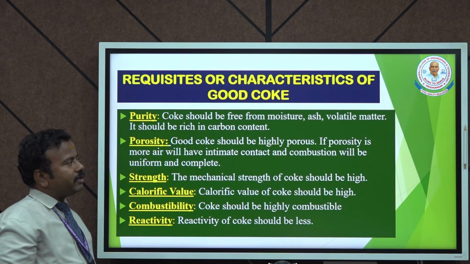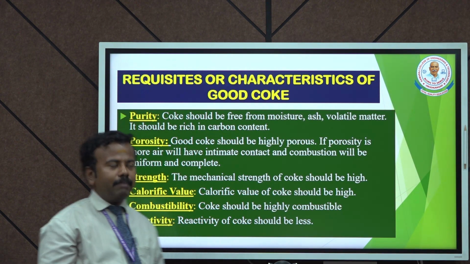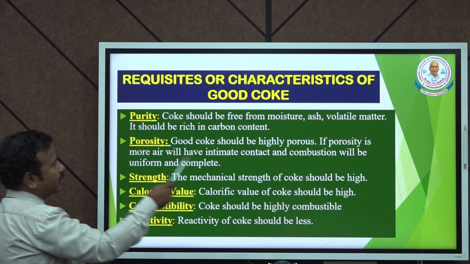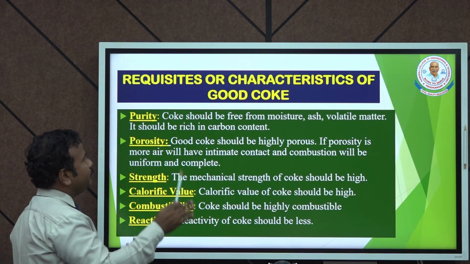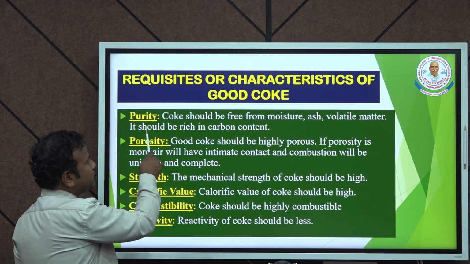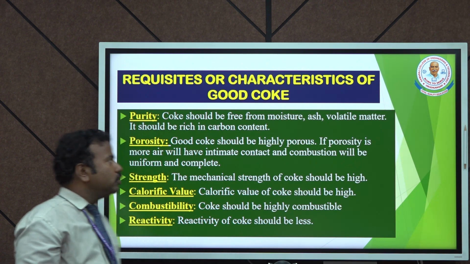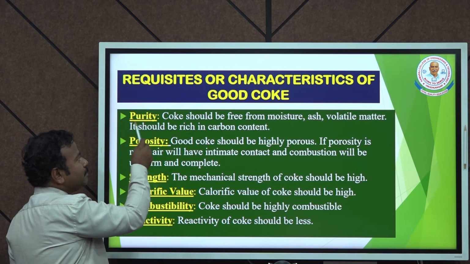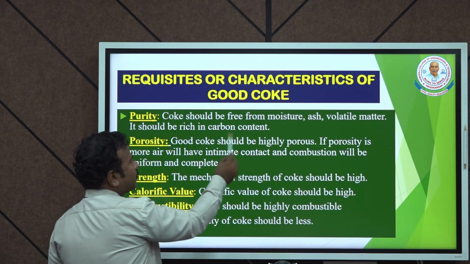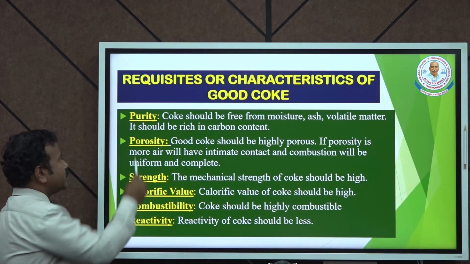Coke should be free from moisture, ash, volatile matter, and other impurities. It should be rich in carbon content, which increases the calorific value. So purity represents richness in carbon content. That's the first one.